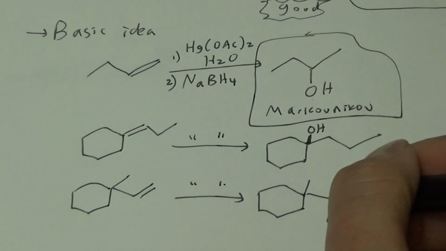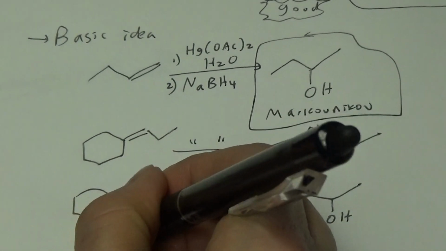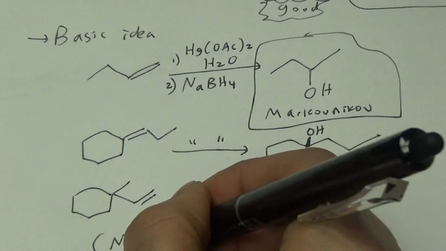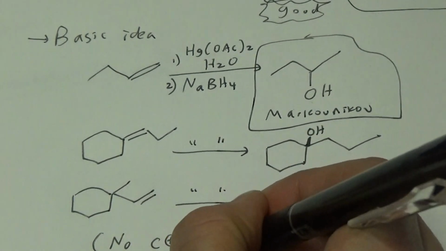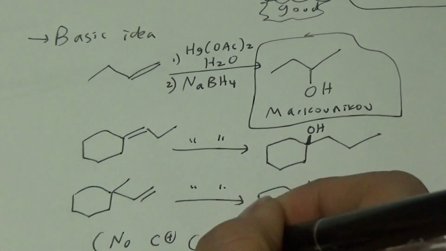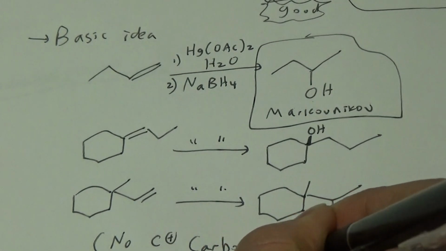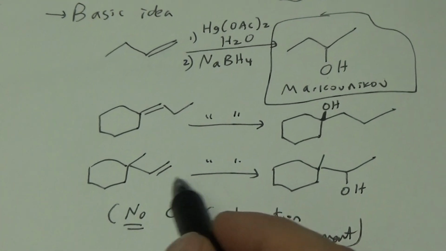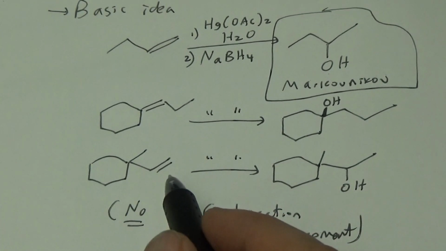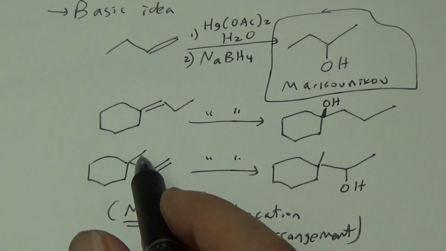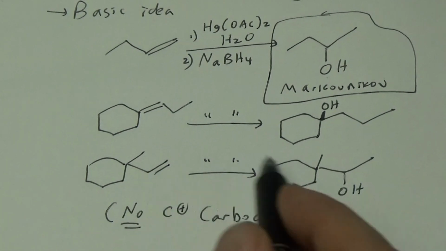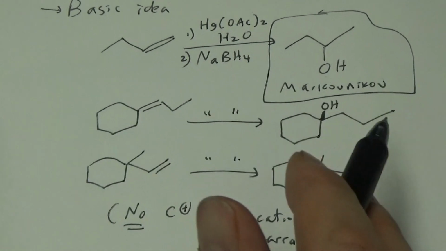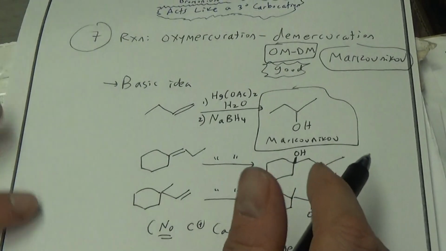A big important thing here is there's no carbocation rearrangements. So if you did this with sulfuric acid and water, it would definitely make some kind of alkyl shift or something. The molecule would be totally different. So why is this a good method?